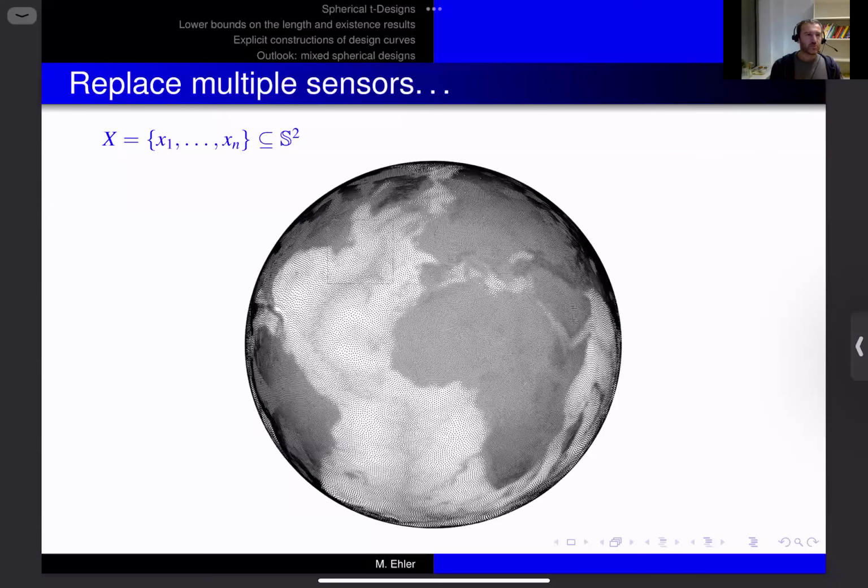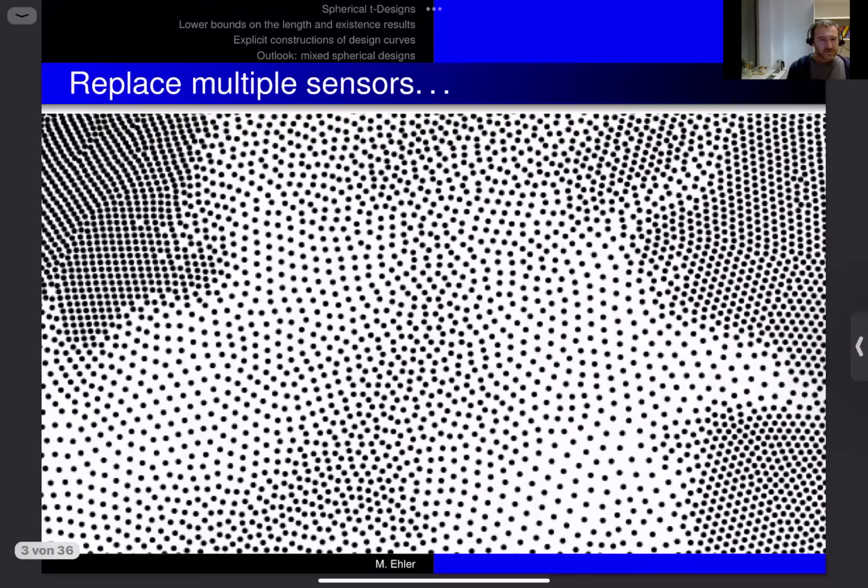And so we would like to put our static sensors in a way that they already follow the distribution that we are really looking for. So essentially, we really position points on the surface of the ball.